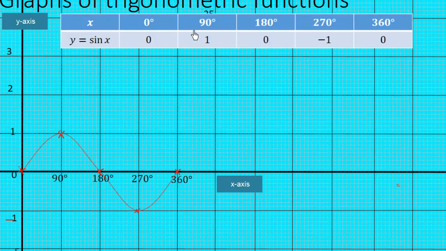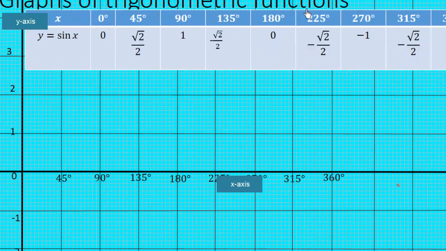They will indicate in the question which step you should move. To complete the table, it's just a matter of plugging the value of x into the function, then you get the corresponding value of y, then you plot the points.